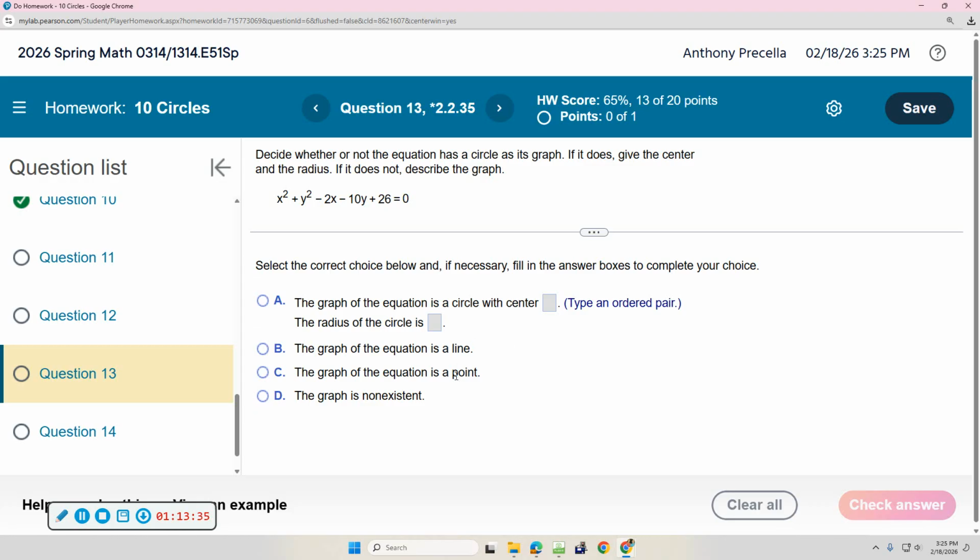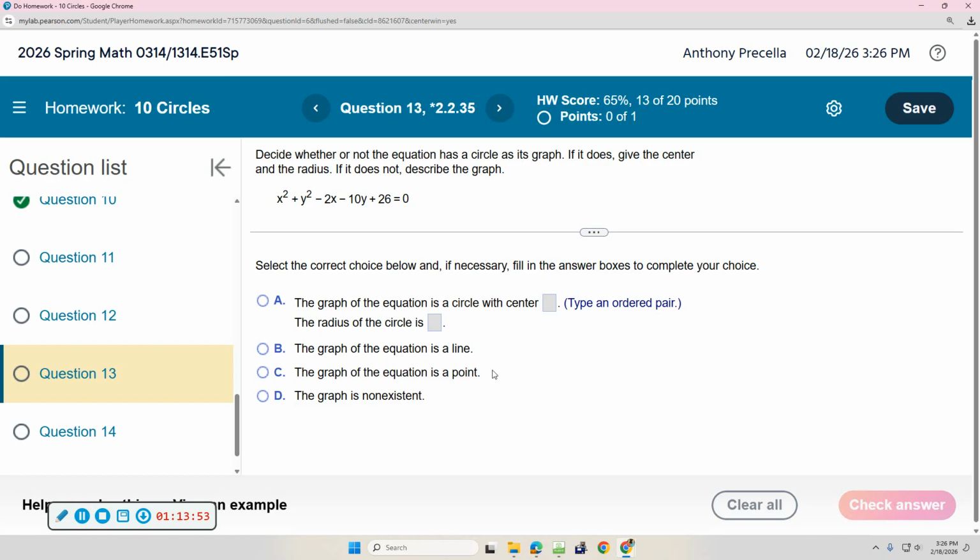If it turns out to be negative, then they say the graph is non-existent. I'd rather they say there's no graph, but the no graph possibility is the response that says the graph is non-existent.